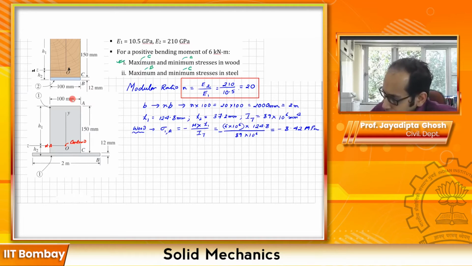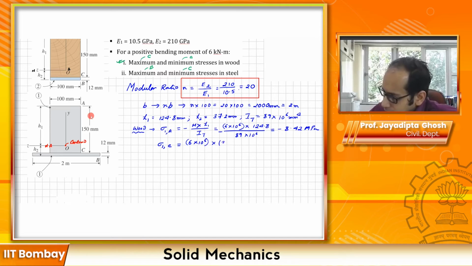So sigma 1 at C will be similarly 6 into 10 raised to 6. It will be positive now because it's tensile, times this distance from here to here. So that is going to be h2 minus this 12 mm that we see, because we are not altering the height, remember.